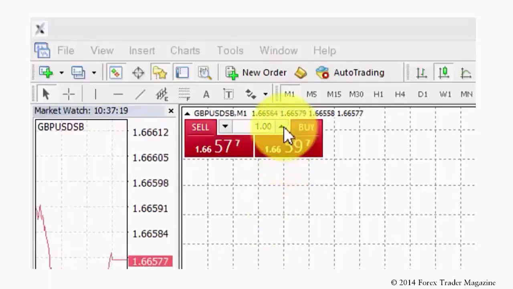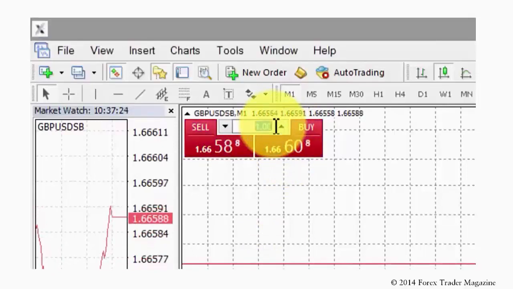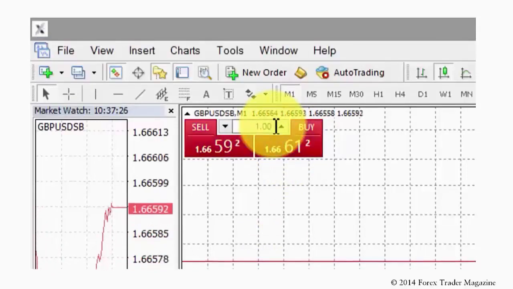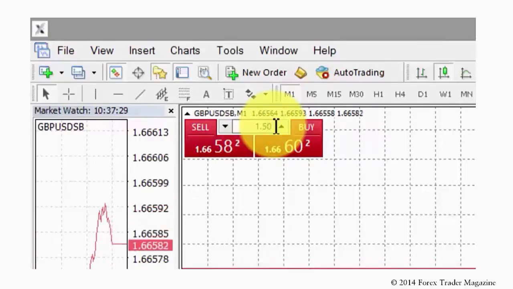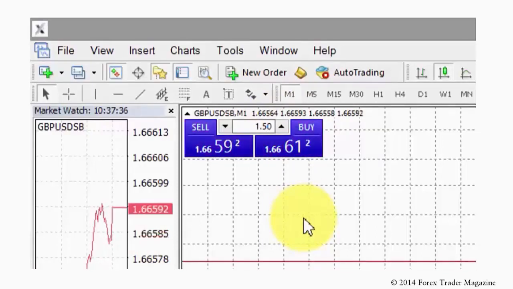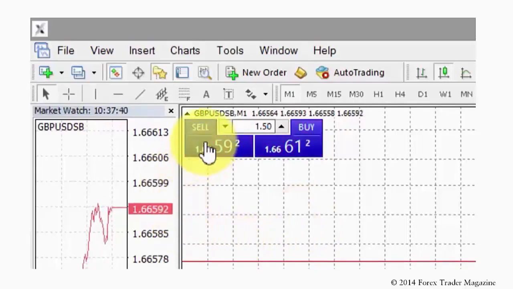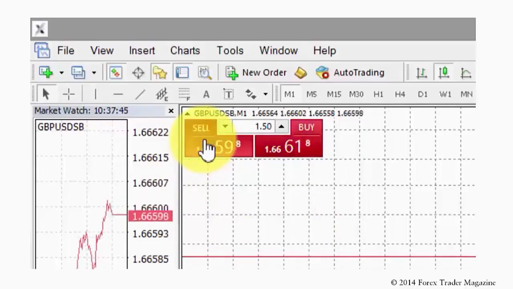In this particular case, I'm going to change that volume from 1 to 1.5. In a later module, you'll understand exactly what that is and how important it is. And I'm now actually going to make a sell trade. And I simply do that by clicking with the left-hand mouse button in this sell area.